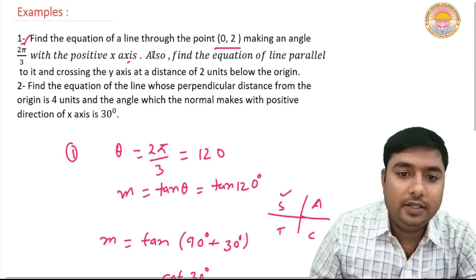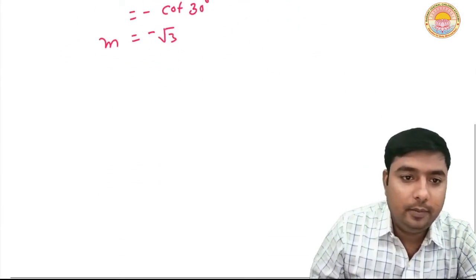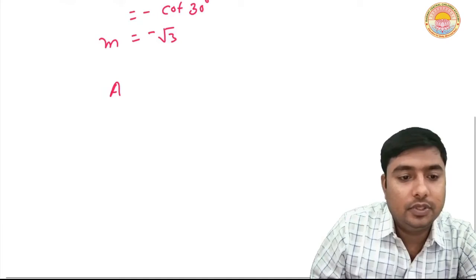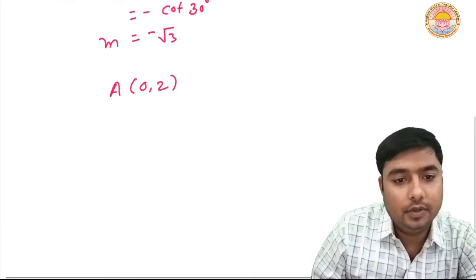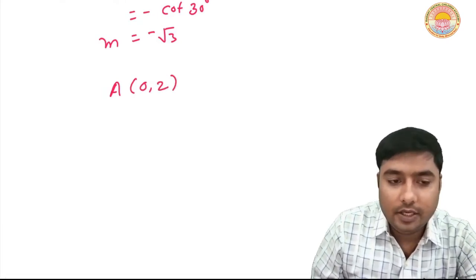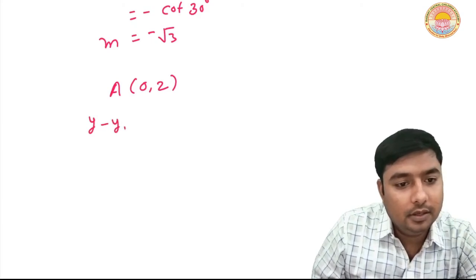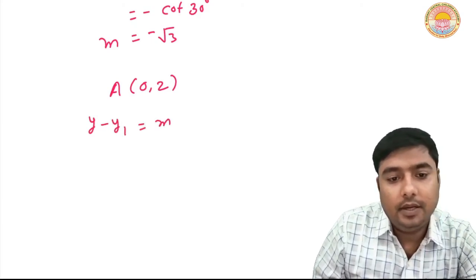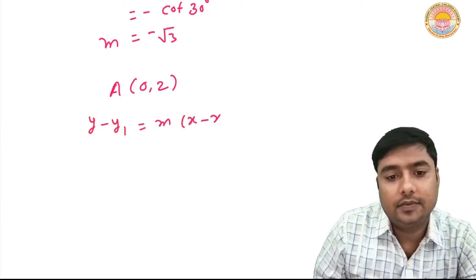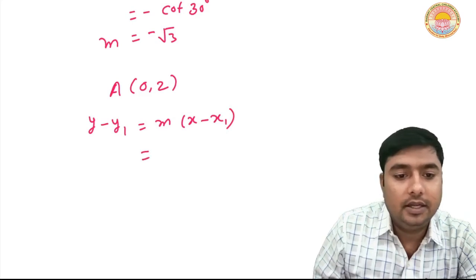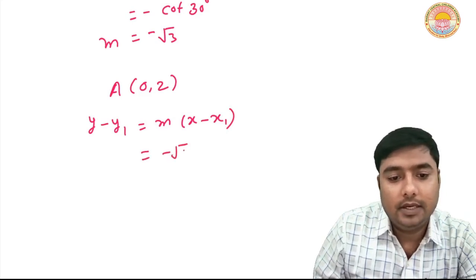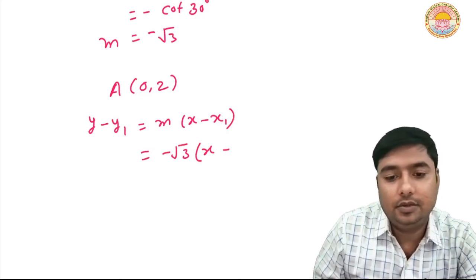Here the point is what? Suppose a point is given, 0, 2. Now we find the equation of a straight line. Then y minus y1 equals m in bracket x minus x1. Here m is already given, minus root 3, x minus x1. x1 means what? 0.